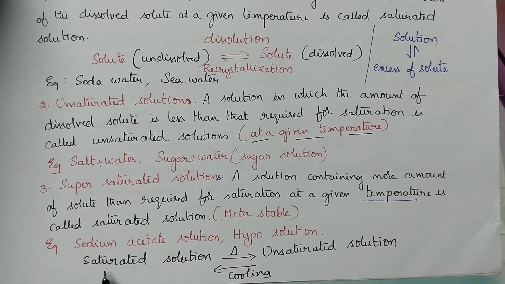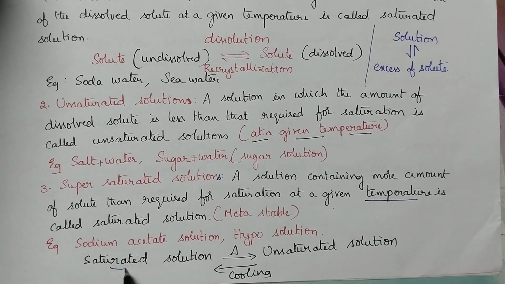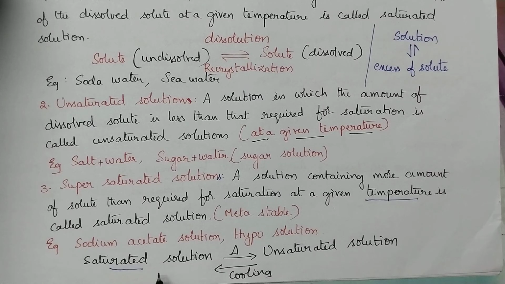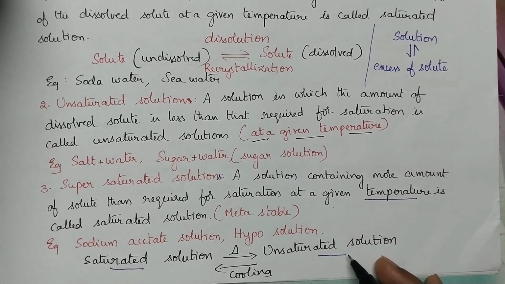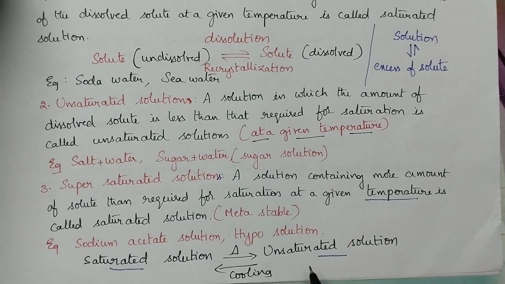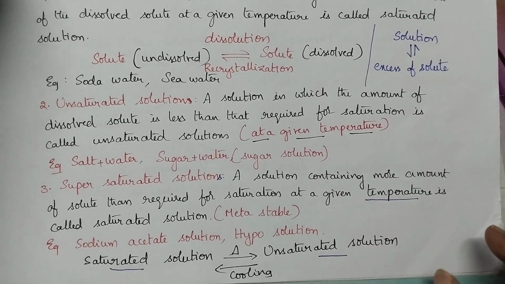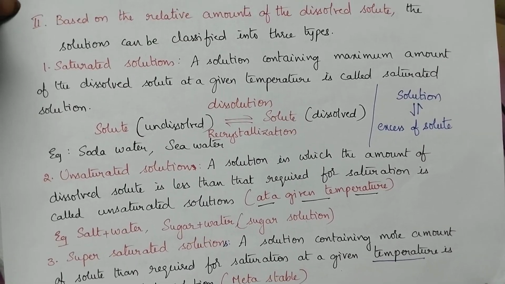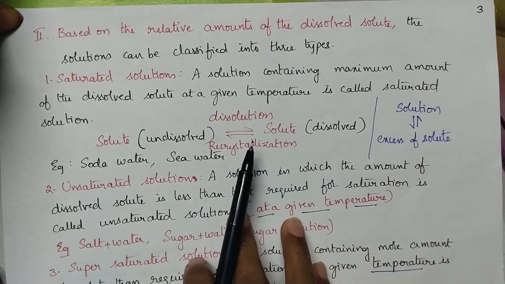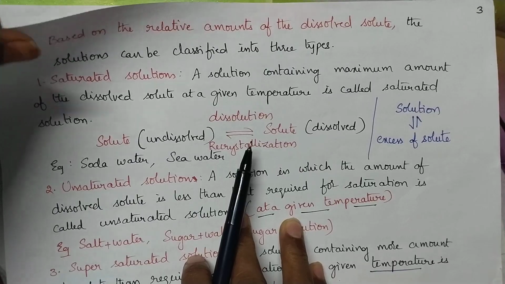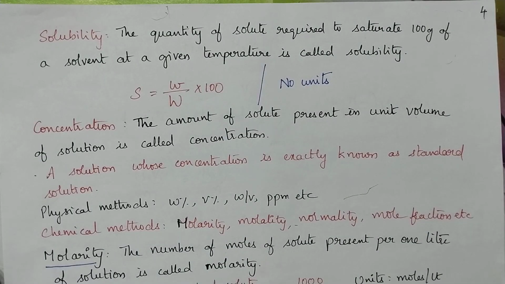That means if a saturated solution is heated, it becomes unsaturated solution, and vice versa. Whenever an unsaturated solution is cooled, it becomes a saturated solution. Is it clear about the classification of the solutions based upon the relative amounts of the dissolved solute, students?